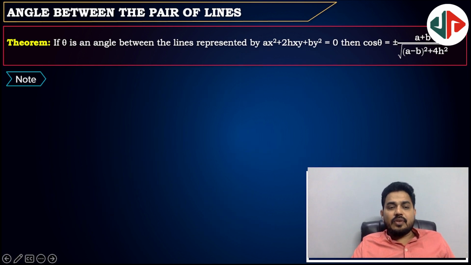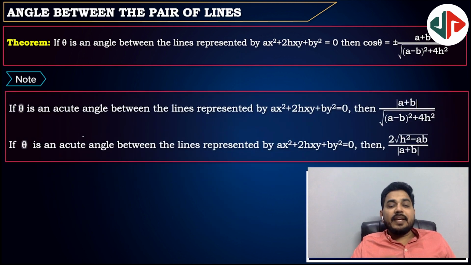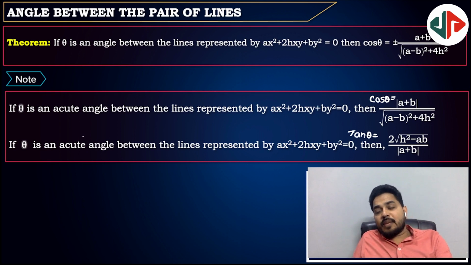Right. So what is the note point? If theta is the acute angle between the lines, then cos theta is equal to a plus b by root of (a minus b) whole square plus 4h square, and tan theta is equal to 2 root over h square minus ab by a plus b.